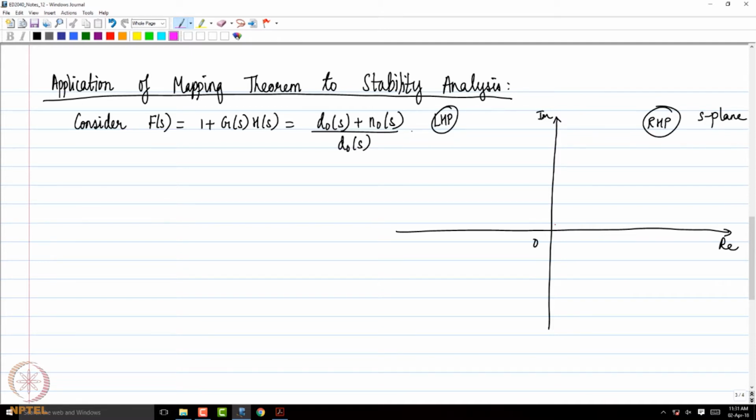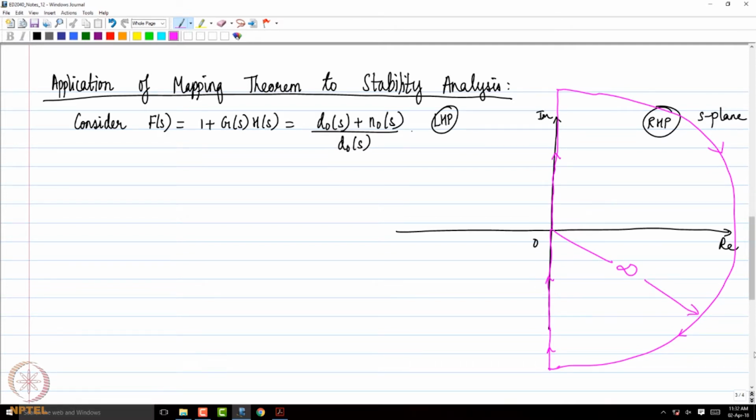Suppose I take a contour where I start from the origin, go along the imaginary axis to infinity, then sweep the entire right half of the complex plane like an arc in the form of a semicircle of infinite radius, and then come back to the origin. Suppose I consider such a contour in the S plane.